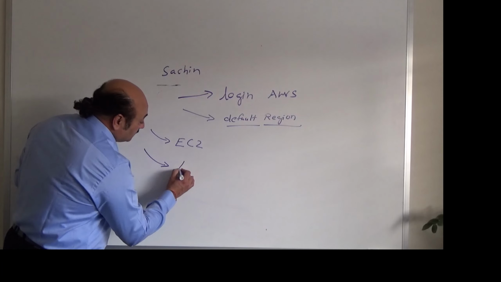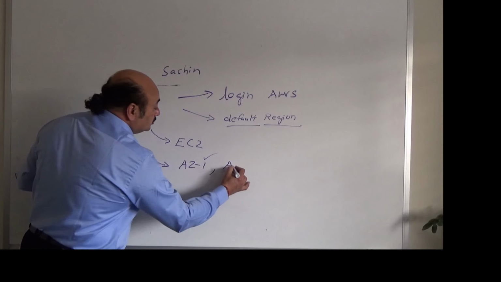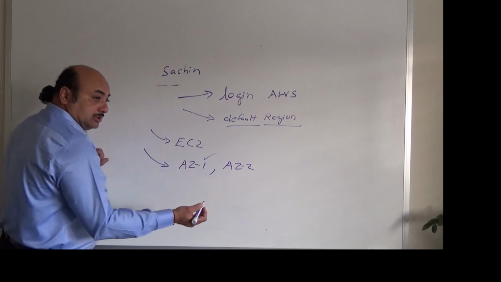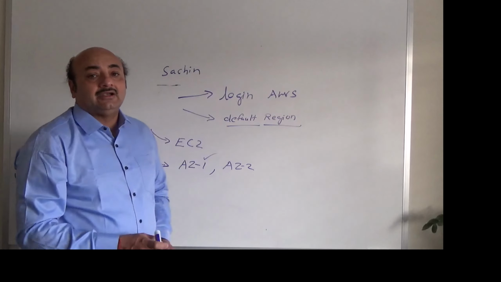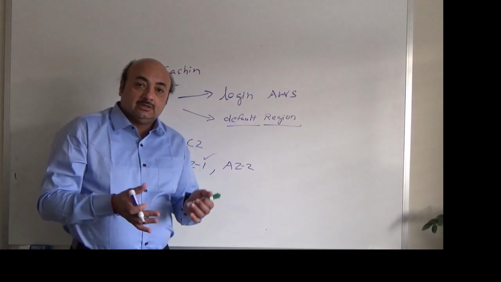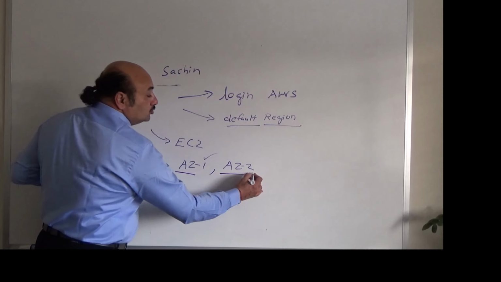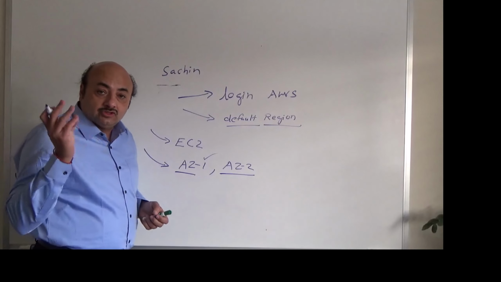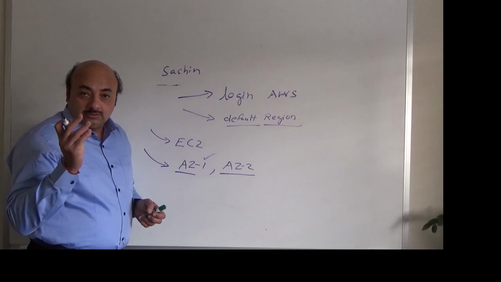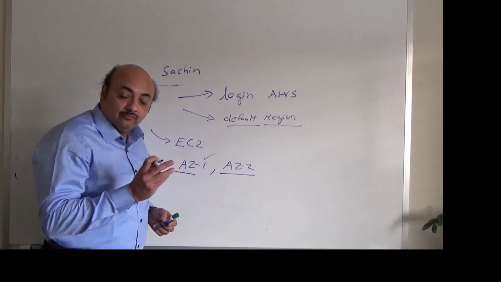So I have the capability of picking whether it is going to be AZ1 or AZ2 or whichever. So this is how it works. So one can think about it as saying that the VPC, wherever you are creating the EC2 instance, the default VPC spans across multiple availability zones. Okay, so keep that in mind. The three terms, the region, it depends on where you are logging in from, where you have created the AWS account from.